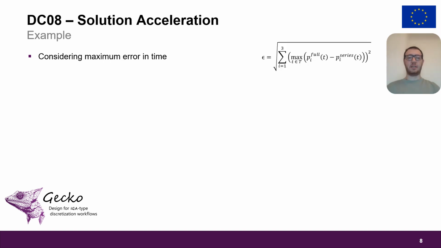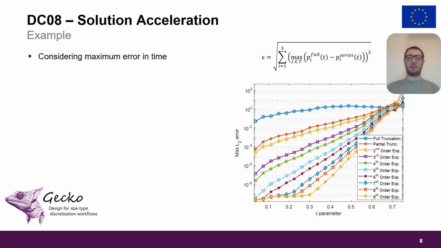Now to see an example, we consider a maximum error in terms of comparing the full solution to the reduced solution, and we take the maximum error in time at 3 different points in the geometry of the 1D bar example, and we can get a graph such as this one where we have plotted error against the delta parameter.